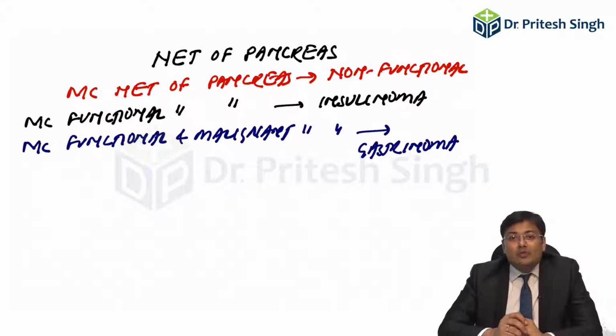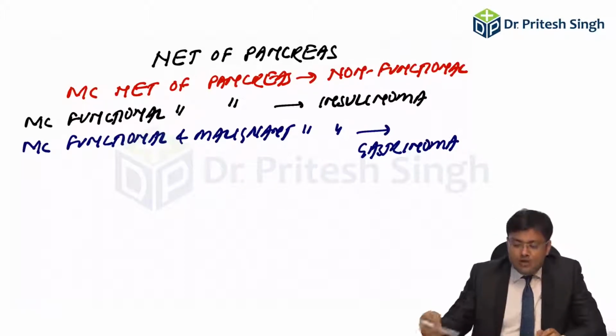SRS means somatostatin receptor scintigraphy. So, investigation of choice for localization of most of neuroendocrine tumors except insulinoma is somatostatin receptor scintigraphy. So, these are the differences between adenocarcinoma and neuroendocrine tumors. One by one, we will discuss first insulinoma.